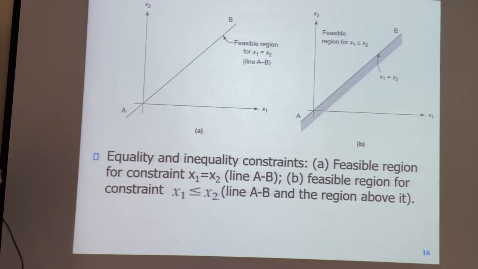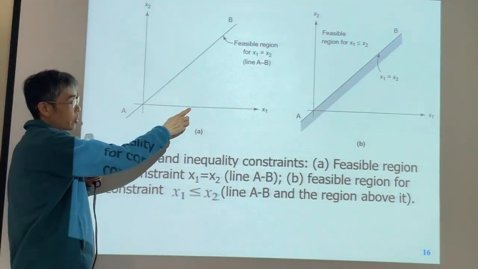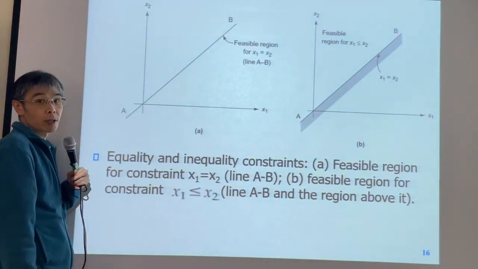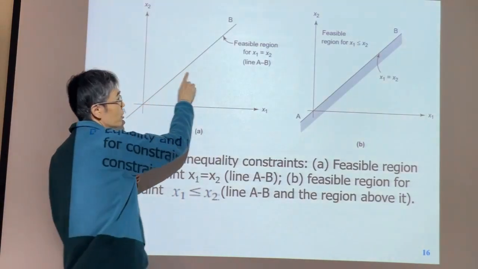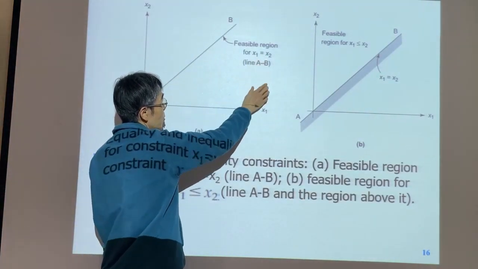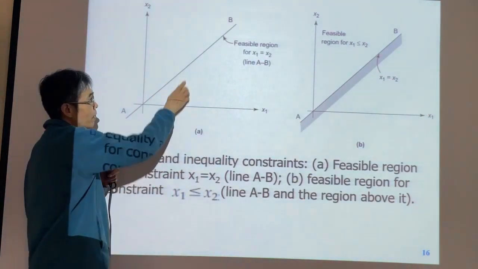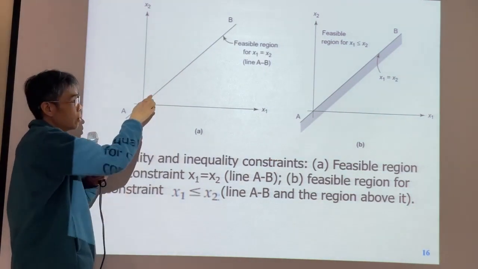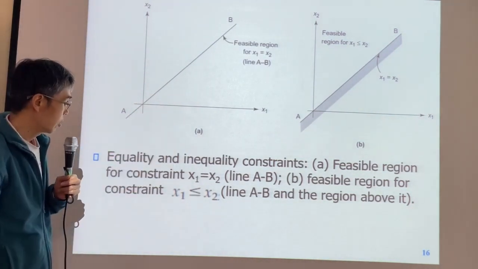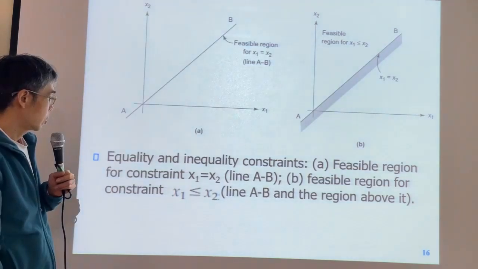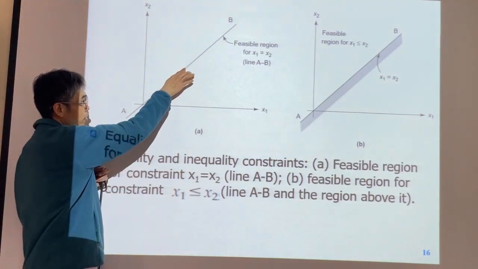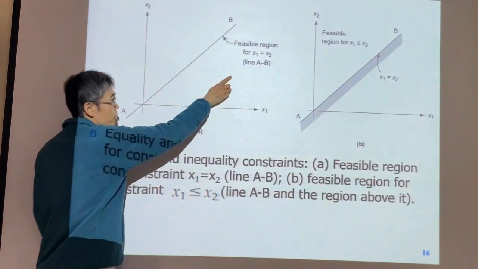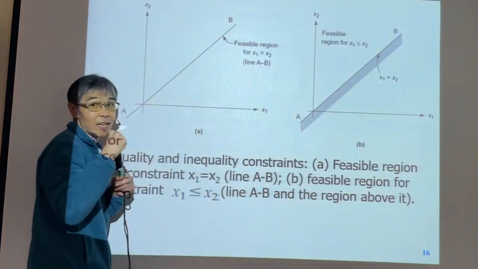Okay, so if we have two design variables, x1 and x2, and the design must be on this line, where x1 equals x2, this is an equality constraint, meaning they need to follow x1 equals x2 exactly.